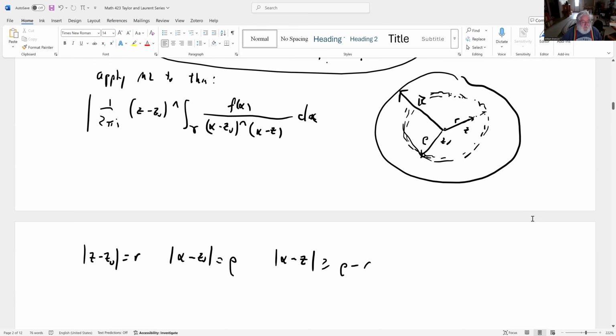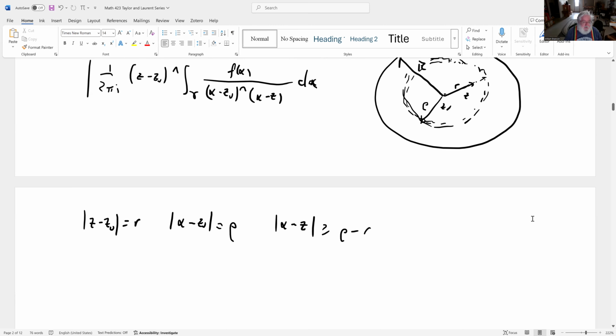So we will let k, for example, be the maximum of the modulus of f of alpha on gamma of t. So it's the biggest that f is on that curve.